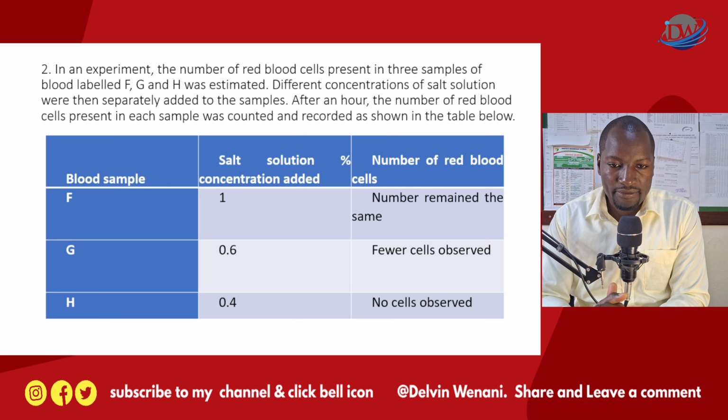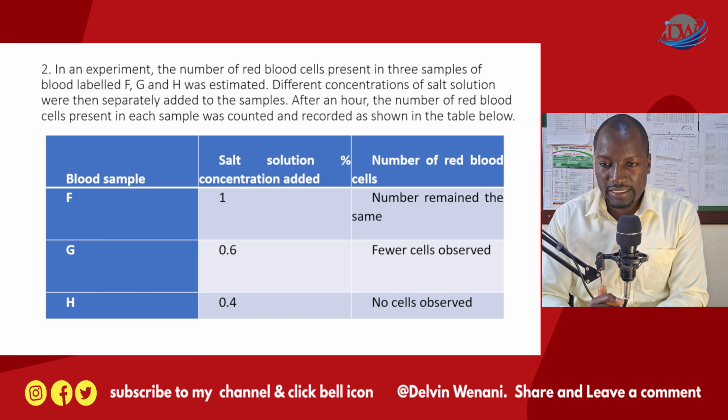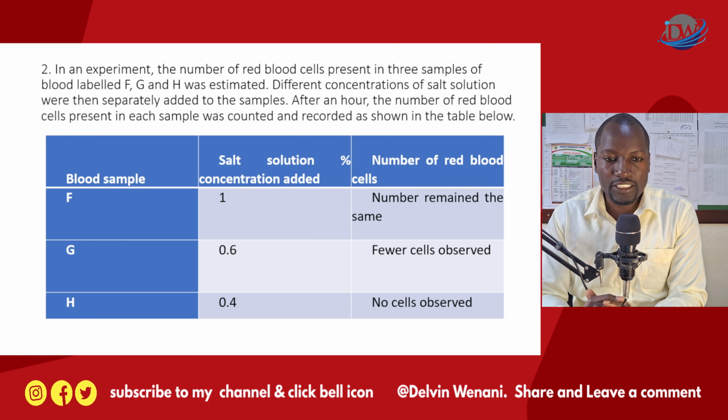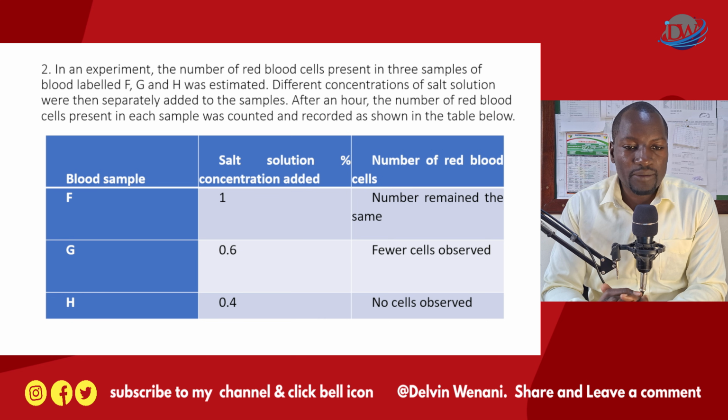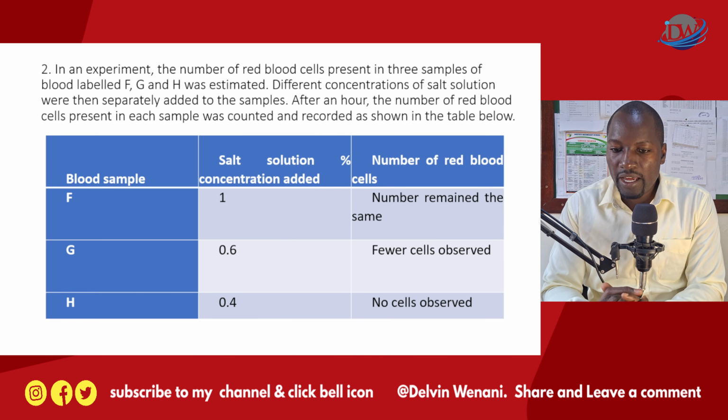Blood sample F was put in salt concentration of 1%, and the number of red blood cells after an hour remained the same. G was put in 0.6% salt solution, and after an hour, the number of red blood cells was fewer. Blood sample H was placed in 0.4% salt concentration, and after an hour, no cell was observed.